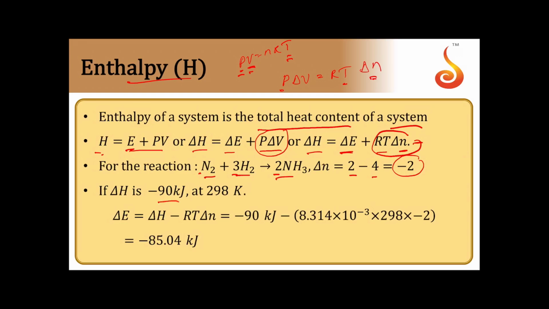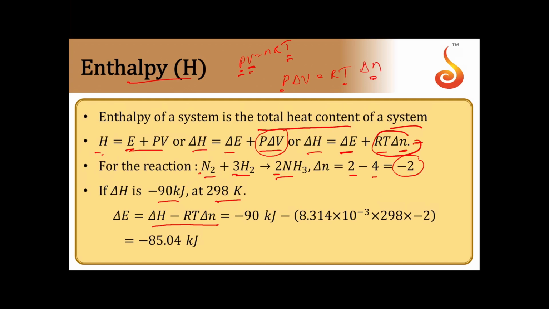And if delta H is equal to minus 90 kilojoules at 298 Kelvin, what is the value of delta E for the reaction? So delta E is given by delta H minus RT delta n. Delta H is given as minus 90 kilojoules per mole.